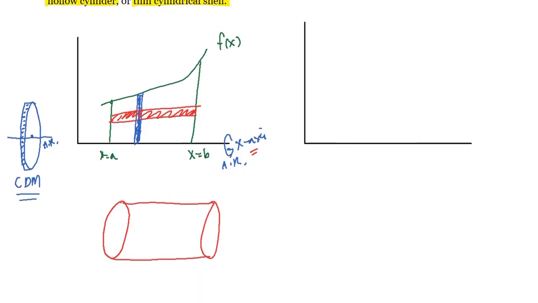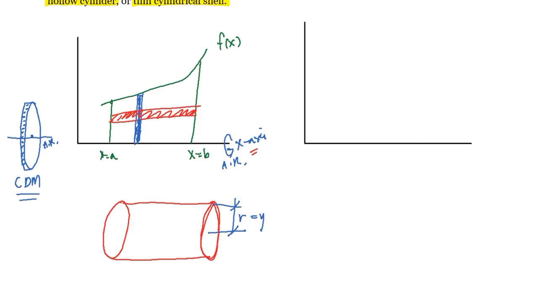Now, if we are computing for the volume of this thin cylindrical shell, yung mga factors na kailangan nating i-consider is, of course, the radius. Wherein, here, the radius is the distance y from the x-axis.